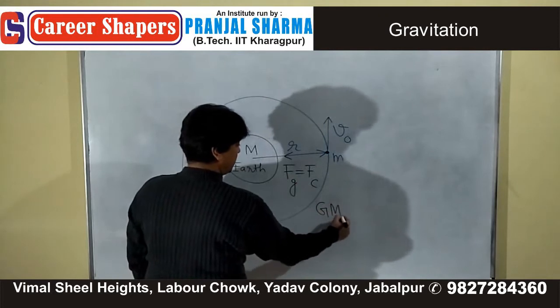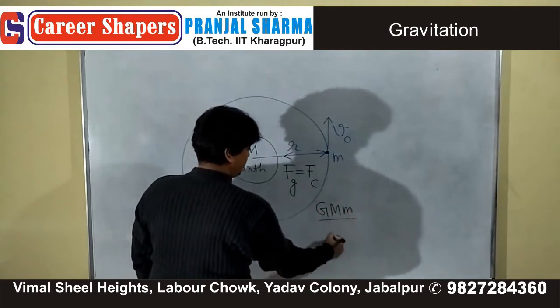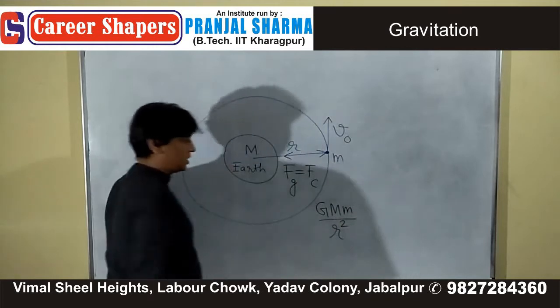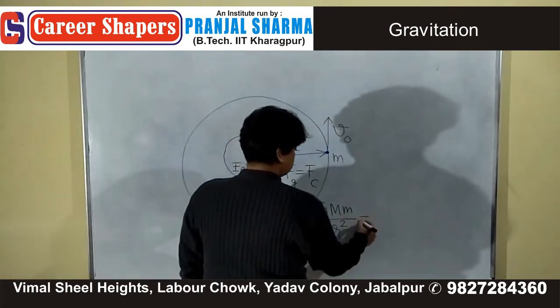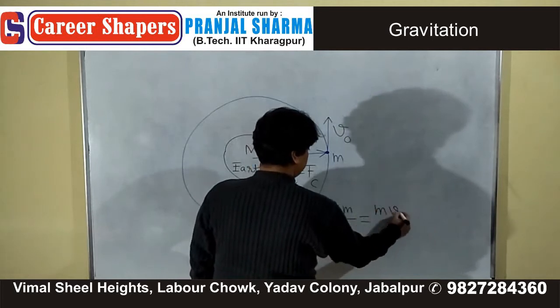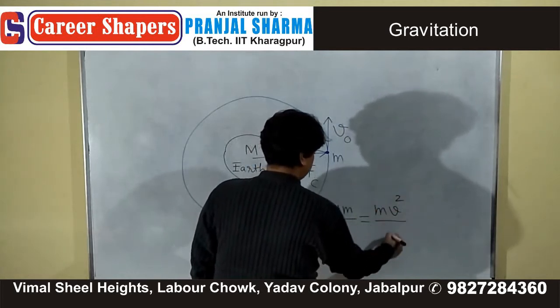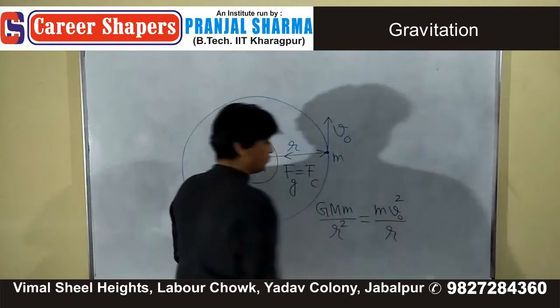Now, what is gravitational force? G M m divided by r square. And what is centripetal force? Centripetal force, you know, is m v square divided by r. That's your V_O.